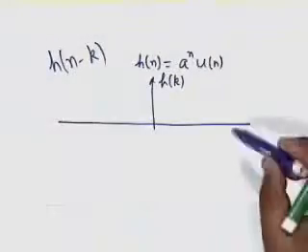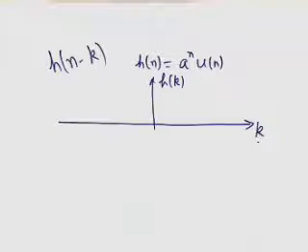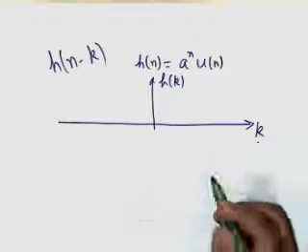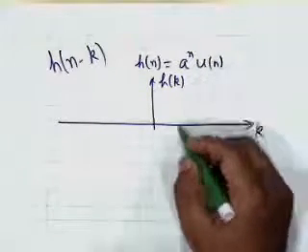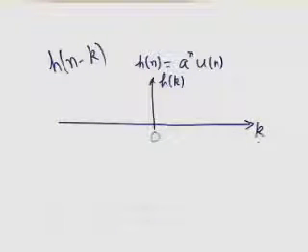H of k, obviously the envelope of h of k versus k shall be a decaying exponential. It will start from k equal to 0 and then go to infinity.